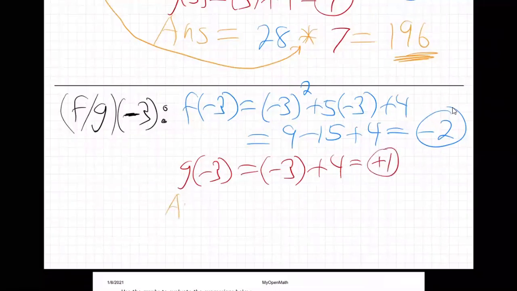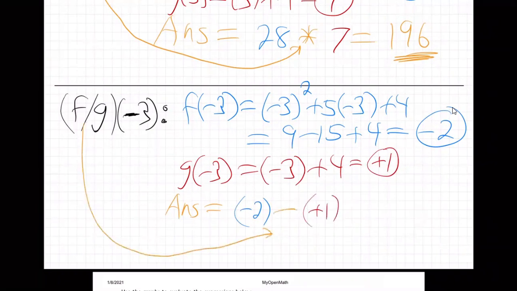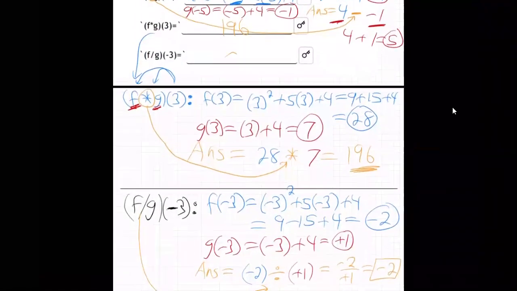And then what do we do to find the overall answer? We take the first answer, -2, the second answer, +1. And what are we going to put in the middle? Divide. So in other words, this equals -2 over +1, which is just -2, isn't it? So that's the answer to the last part, -2.